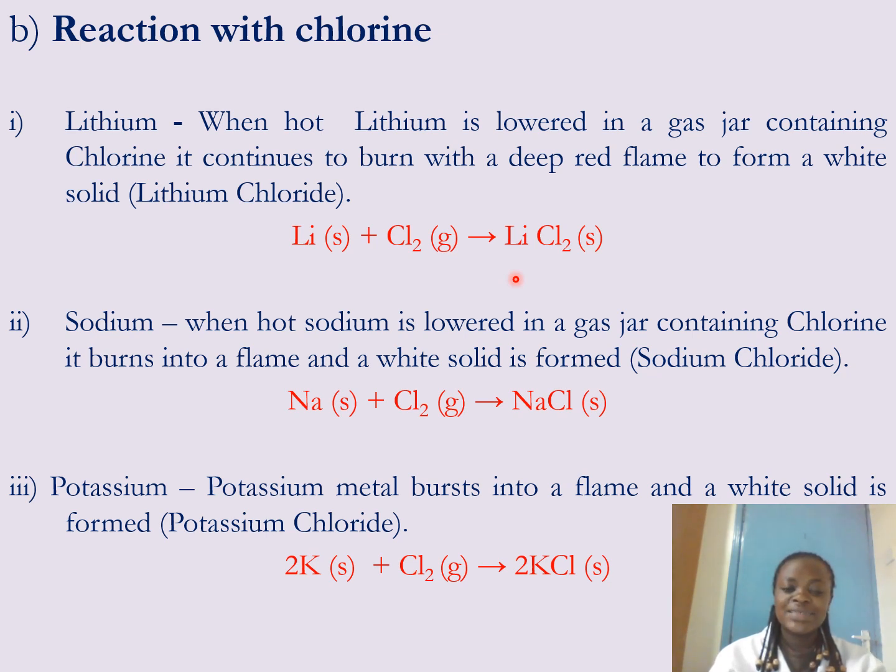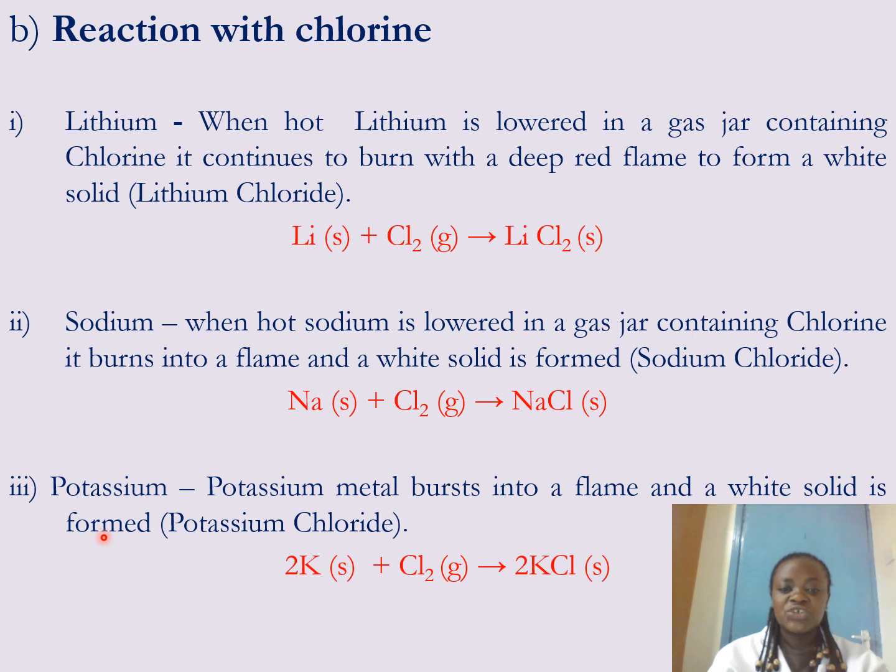This white solid is sodium chloride. The reaction between sodium and chlorine is as shown below: sodium plus chlorine forms sodium chloride, which is a solid. That is why we are using the symbol S.